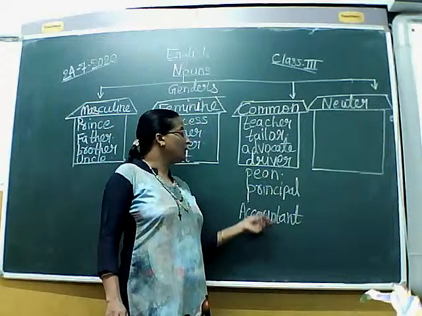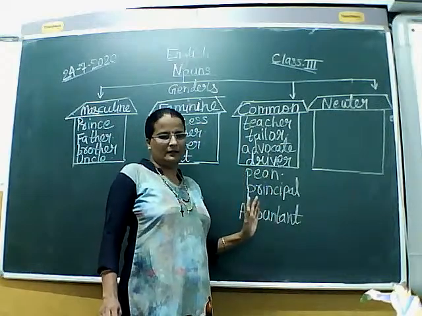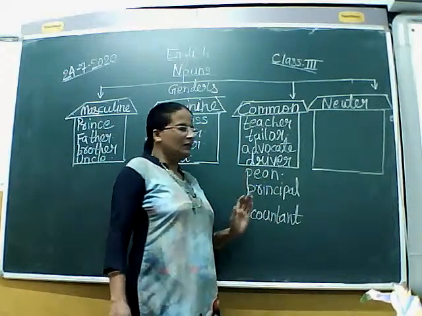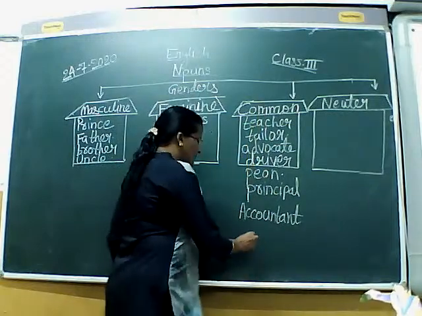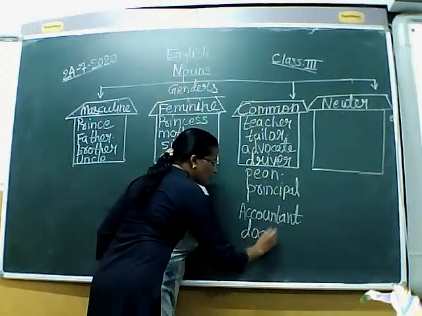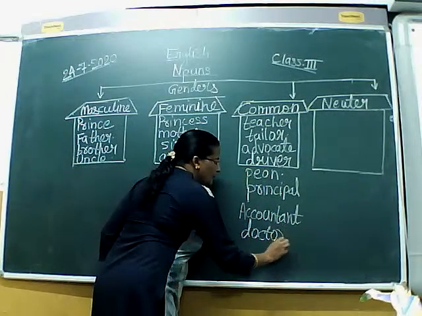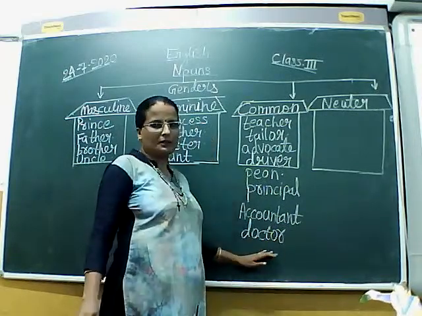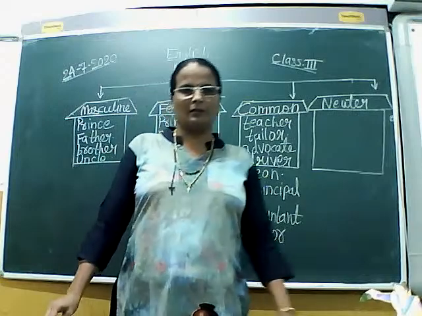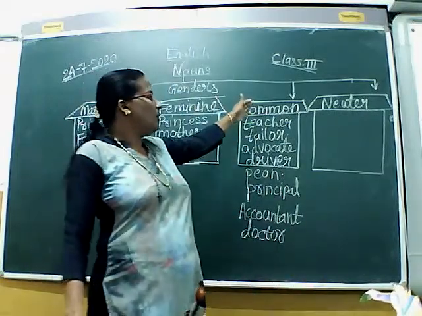So accountant is a common noun, or a common gender. In the same way, the most familiar noun, doctor. Doctor is also a common gender.